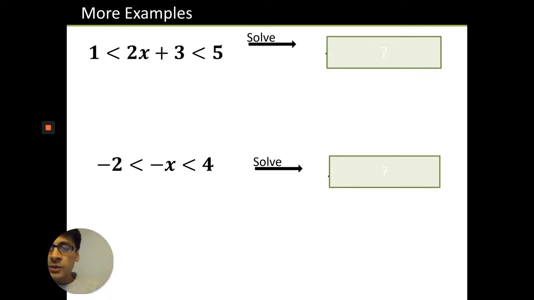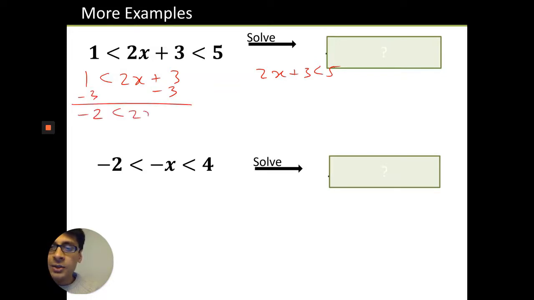Now, the first question, we have 1 is less than 2x plus 3, and also 2x plus 3 is less than 5. We're going to do the first inequality on the left first. So take away 3. So I get negative 2 is less than 2x.